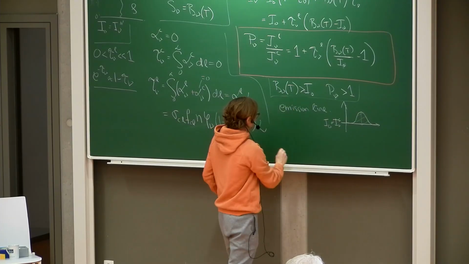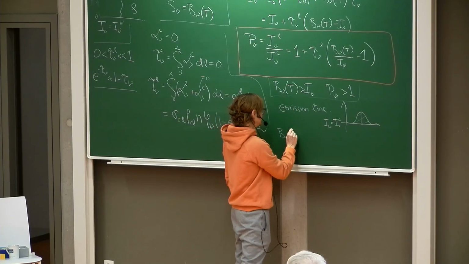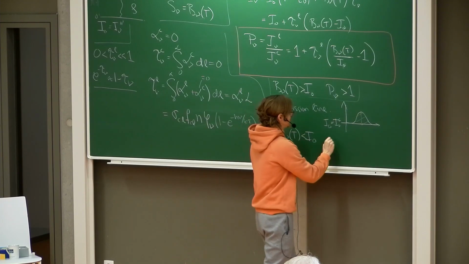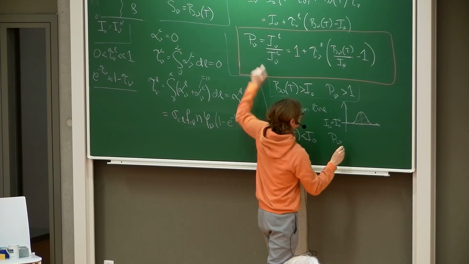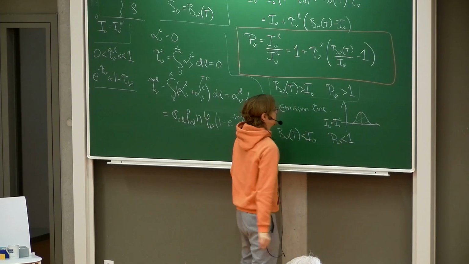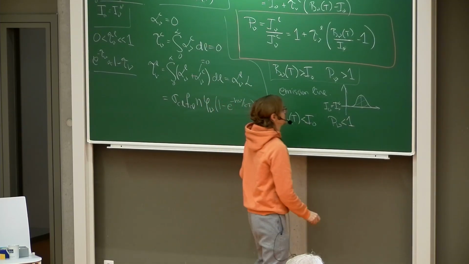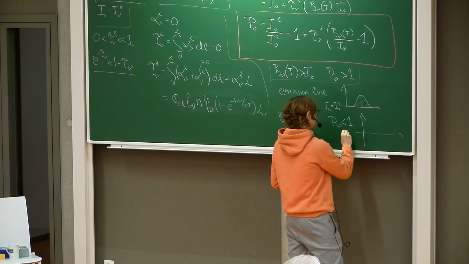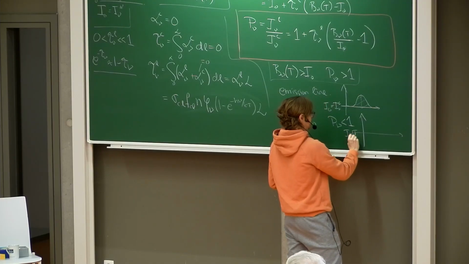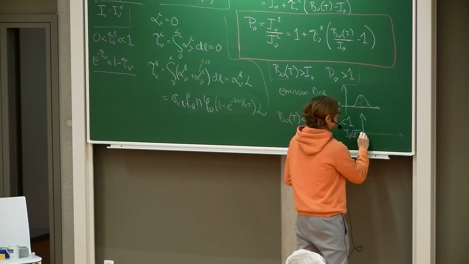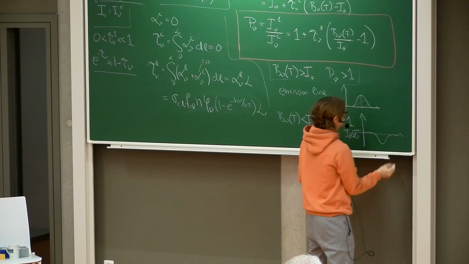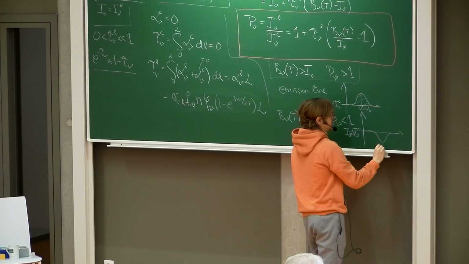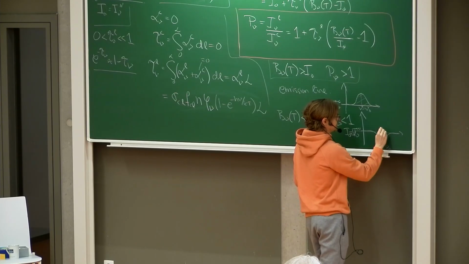So, on the other hand, if B nu, the Planck function of T, is lower than I0, then we see that P nu, the profile function, is smaller than unity. So if we then draw the same here with some continuum level I nu in there, it will look something like this if we have the same profile function, where again this is nu equals nu 0.